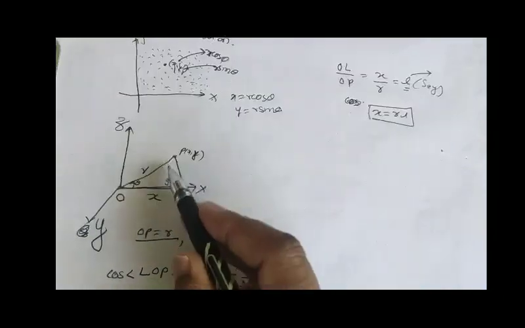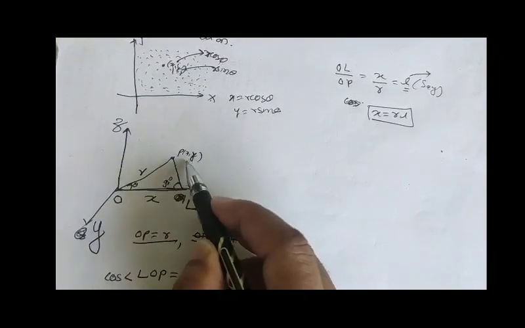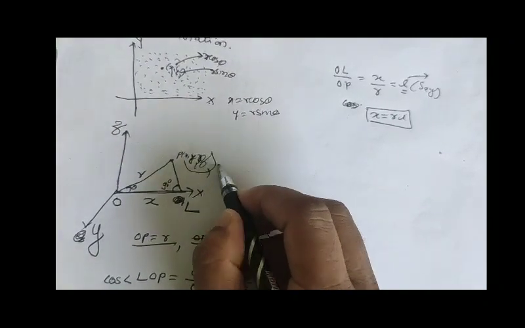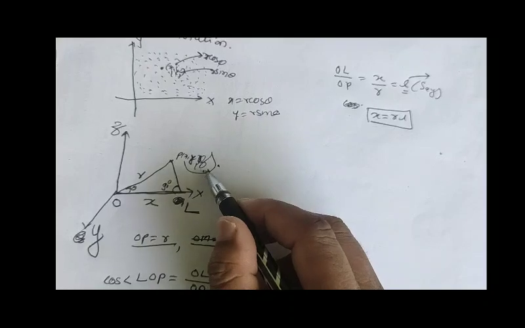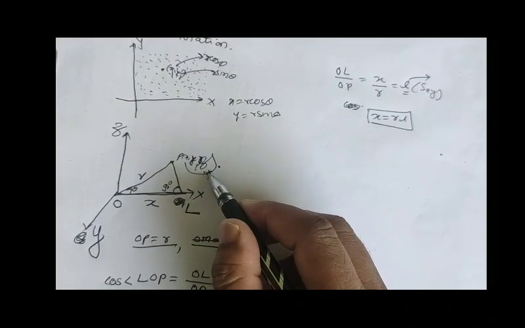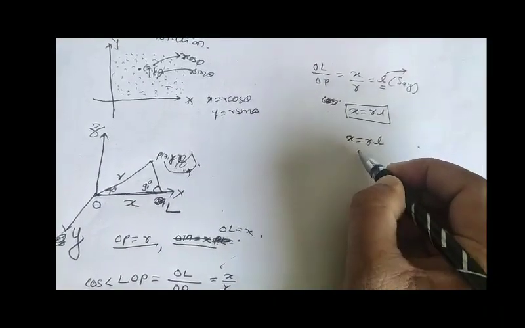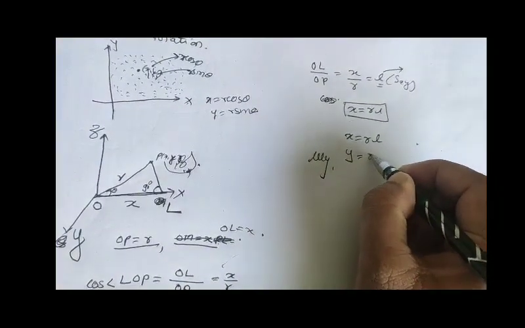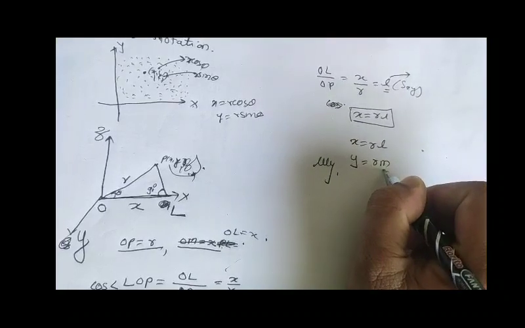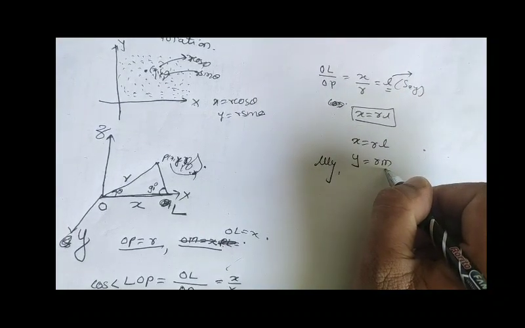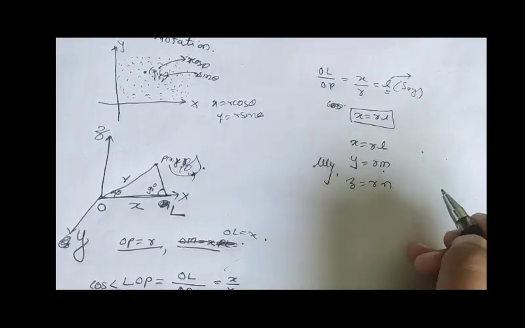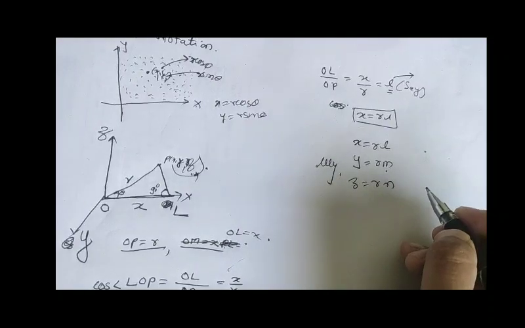Similarly, in the three-dimensional case, that is x, y, z, x can be represented as rl, y can be represented as rm, where m is the angle made by the line with the positive direction of y-axis. After that, z is equal to rn.